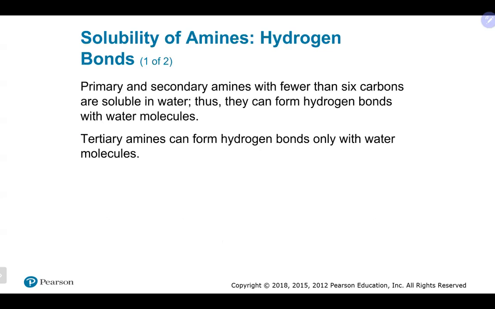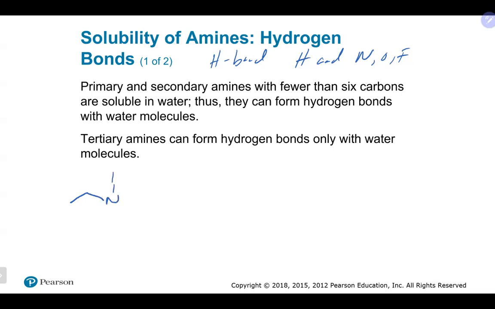So let's talk a little bit about solubility of amines and hydrogen bonding. Primary and secondary amines with less than 6 carbons are soluble in water because they can hydrogen bond. Remember that to hydrogen bond, you need a bond between hydrogen and nitrogen, oxygen, or fluorine. So if you have a primary amine, you basically have this going on.